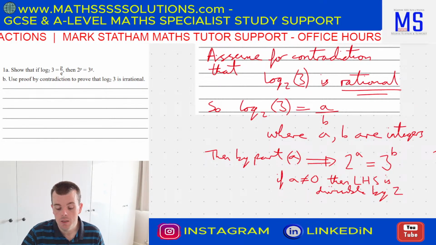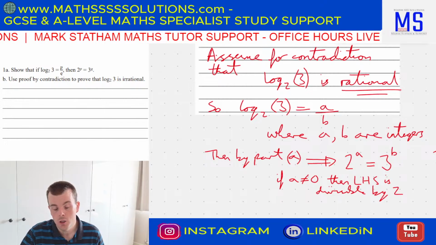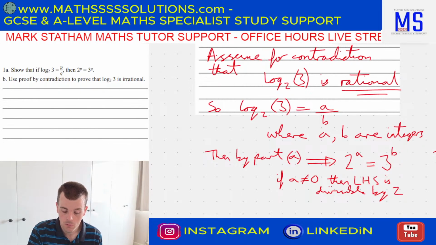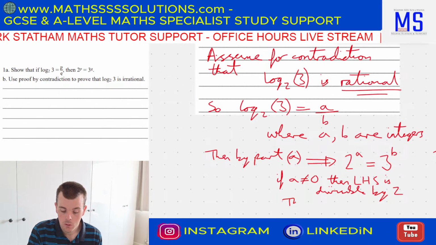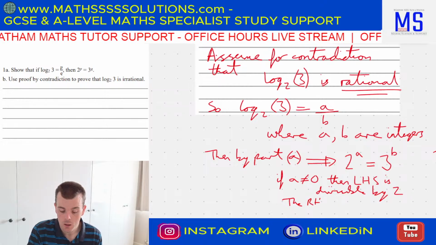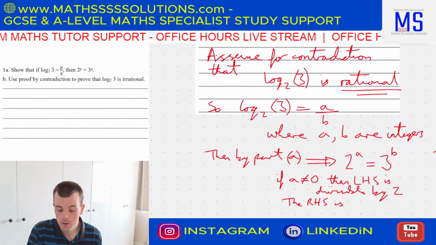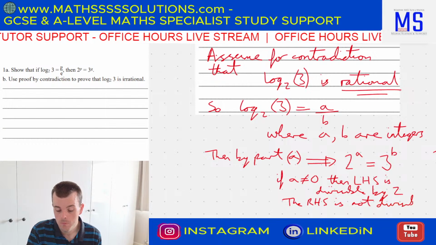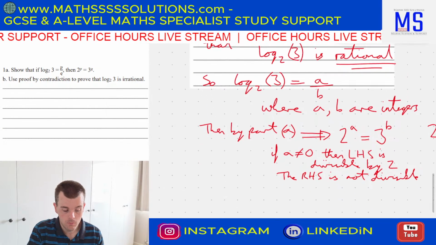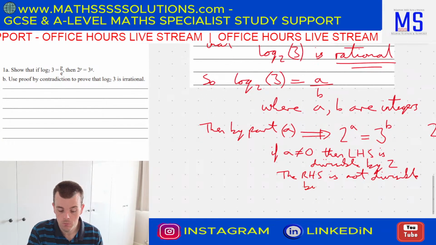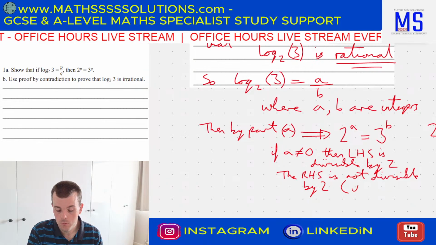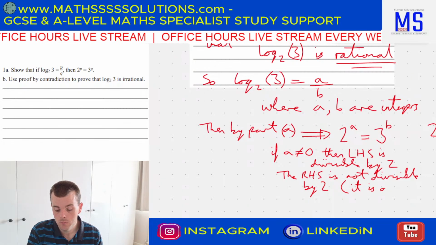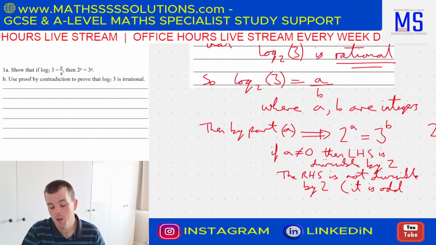So the idea is the left-hand side is divisible by 2, okay? The right-hand side is not divisible by 2, because it's an odd number due to the prime 3 being multiplied by itself.